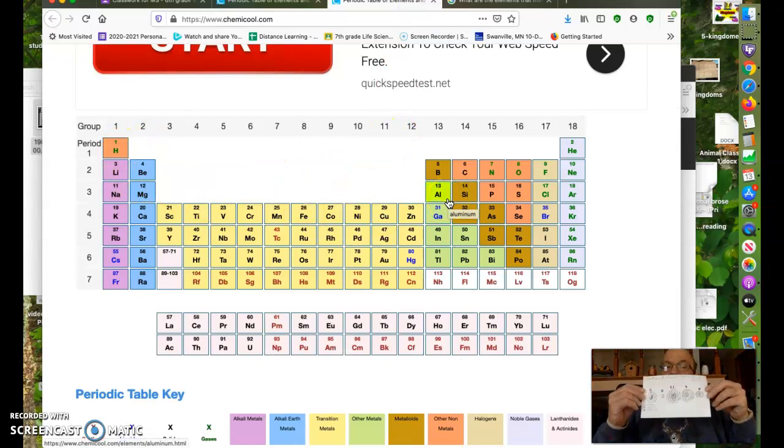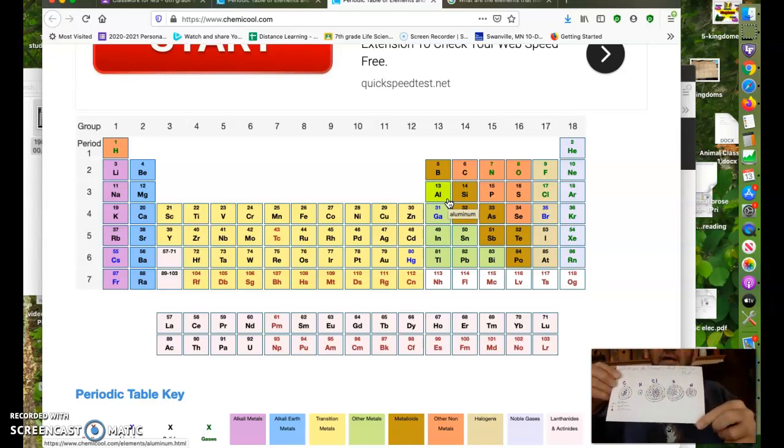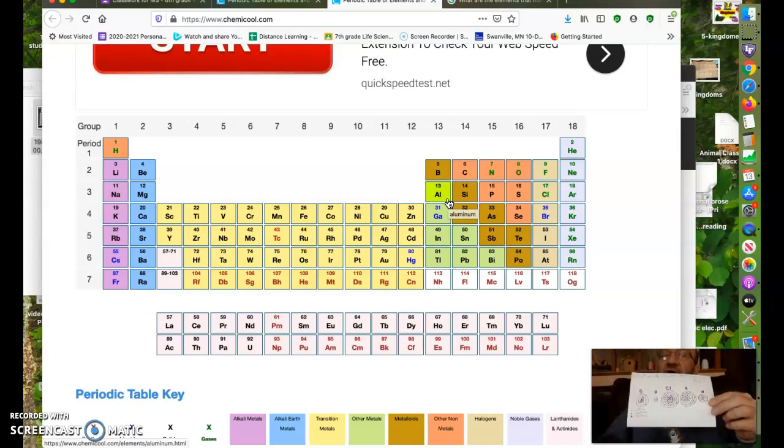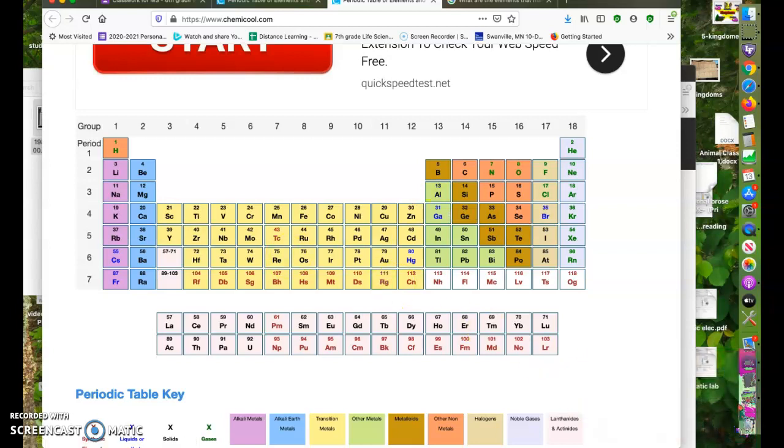You are going to make a drawing like this. You're going to have a key down in the bottom here for your neutrons, protons, and electrons. And then you're going to take a picture of it, and you are going to put it on your assignment.